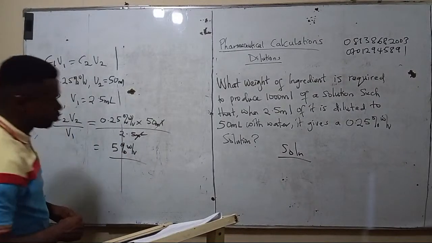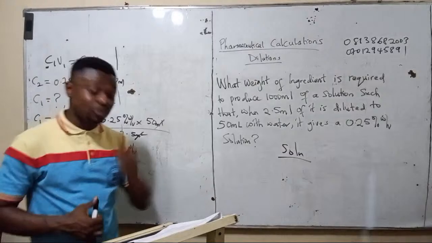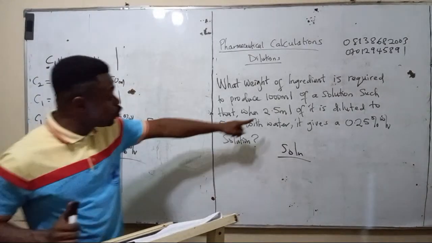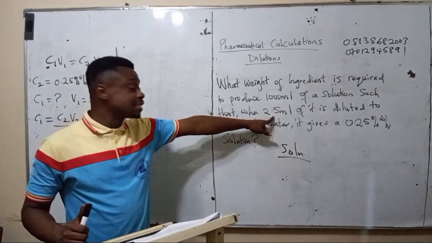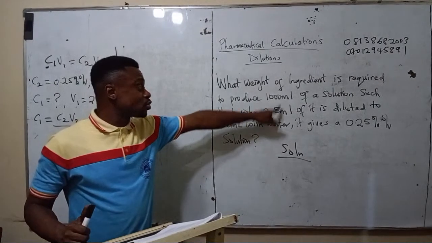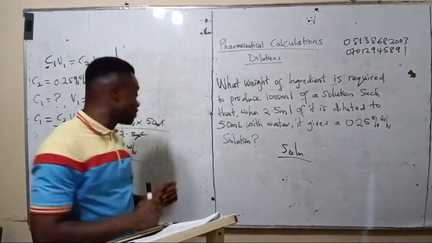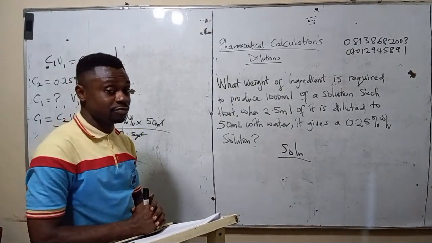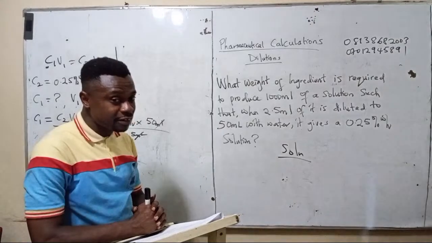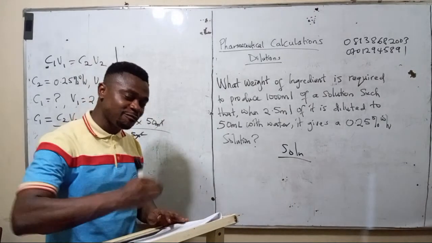5% weight in volume. So the concentration of this stock solution is 5% weight in volume. Remember again, from that stock solution, 2.5 mil was taken.